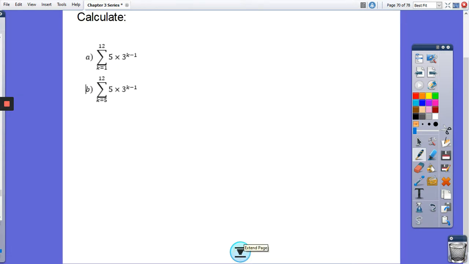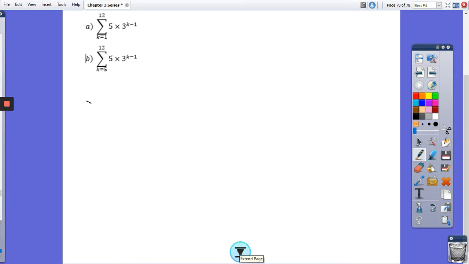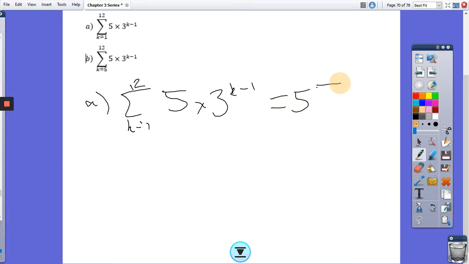In part A, we have to do the sum between k equals 1 and 12. We've replaced r with k, not a problem. And then we've got 5 times 3 to the k minus 1. We can bring that 5 outside because it's just a constant. We've got the sum from k equals 1 to 12 of 3 to the k minus 1.